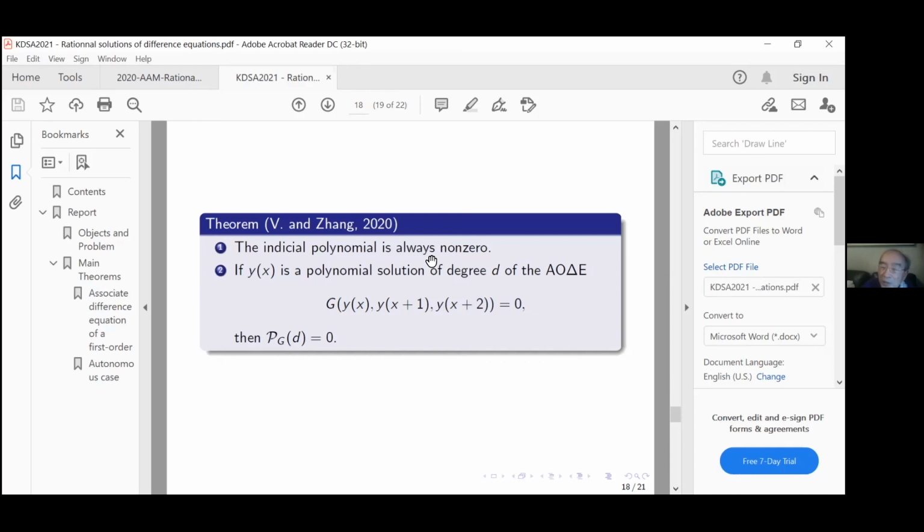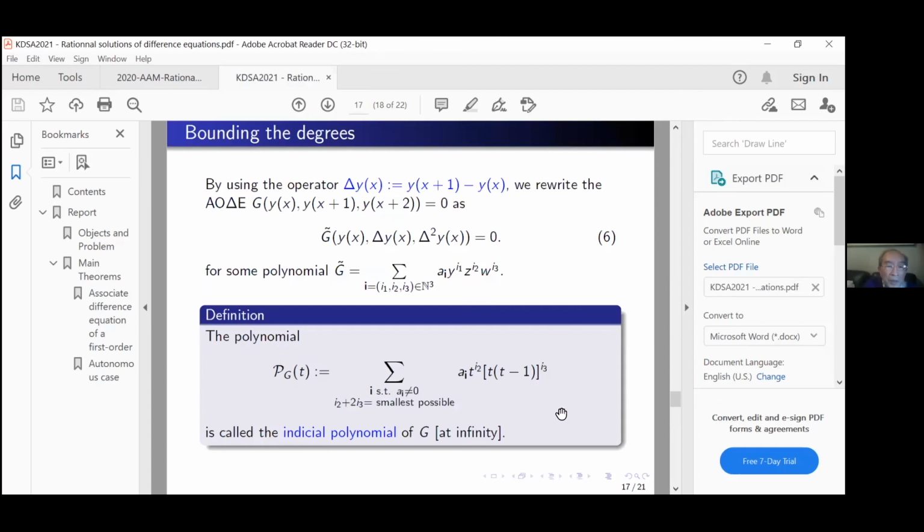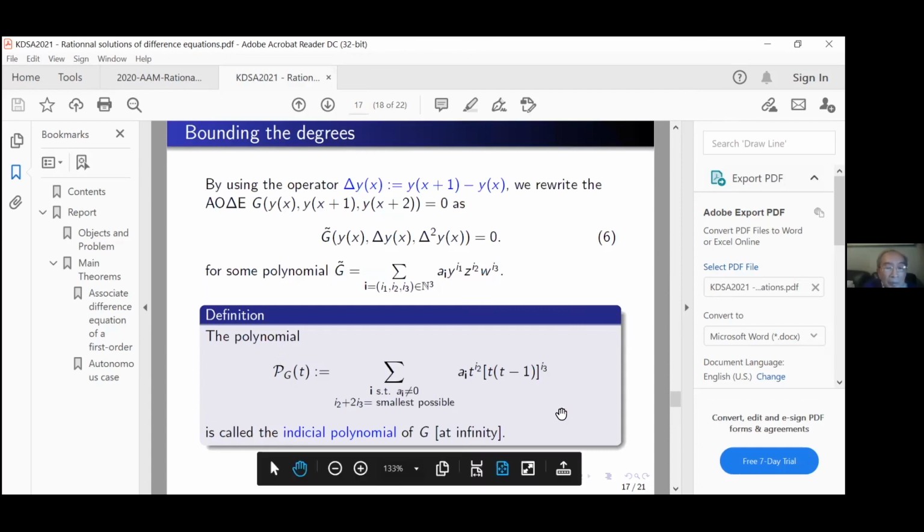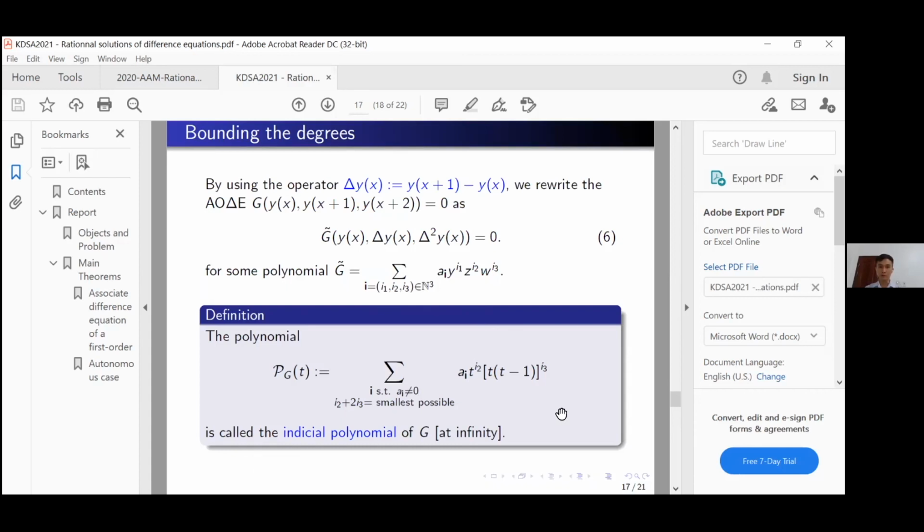The number of constants, roughly at least, not counting repeated roots. Are you talking about the degree of P_G? Sorry, I was mixing up the constant and the degree. I think the degree of P_G is determined.